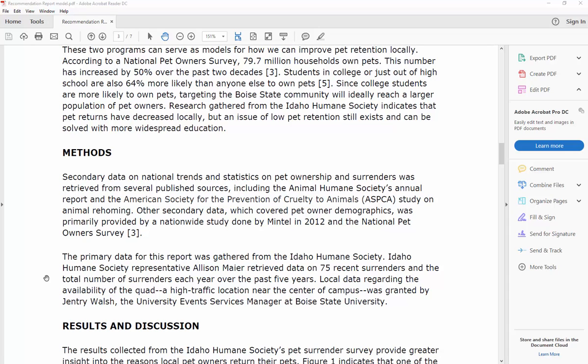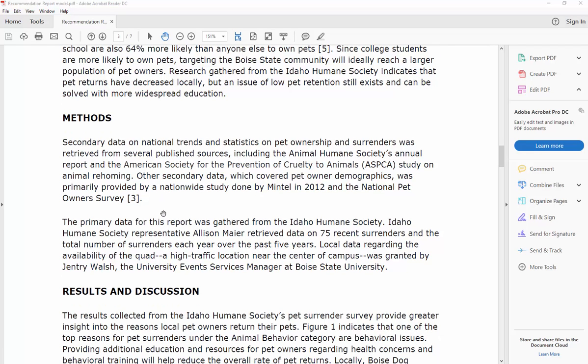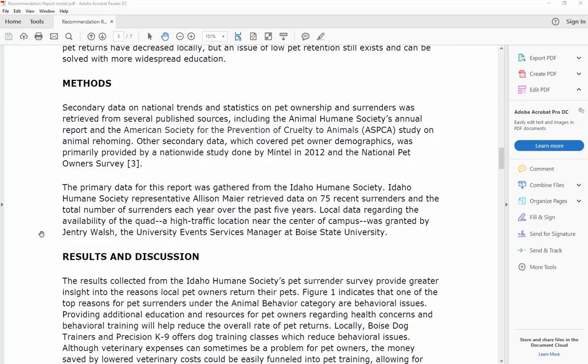If you're using a survey or an interview, I would recommend that you include the questions in an appendix. Don't include them in the methodology, just refer to them as, say, see Appendix A, for instance. In the methods section, you don't want to get into the results of your survey yet. Just essentially say how you got the information.